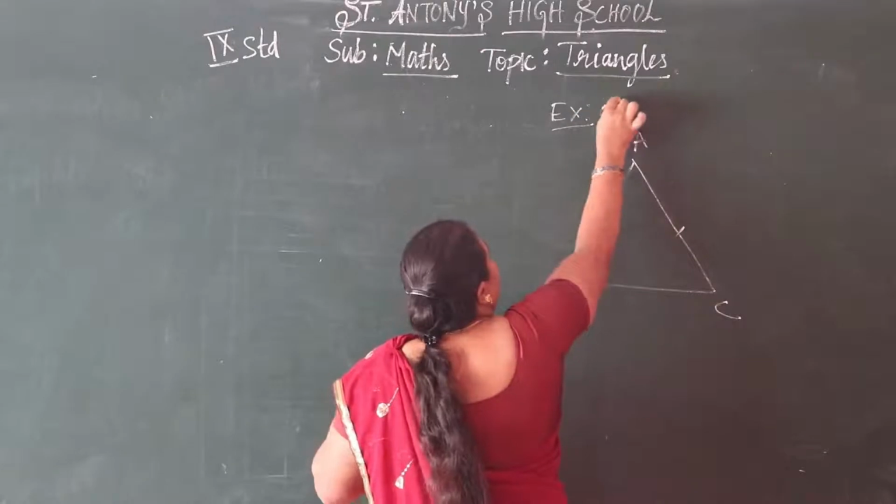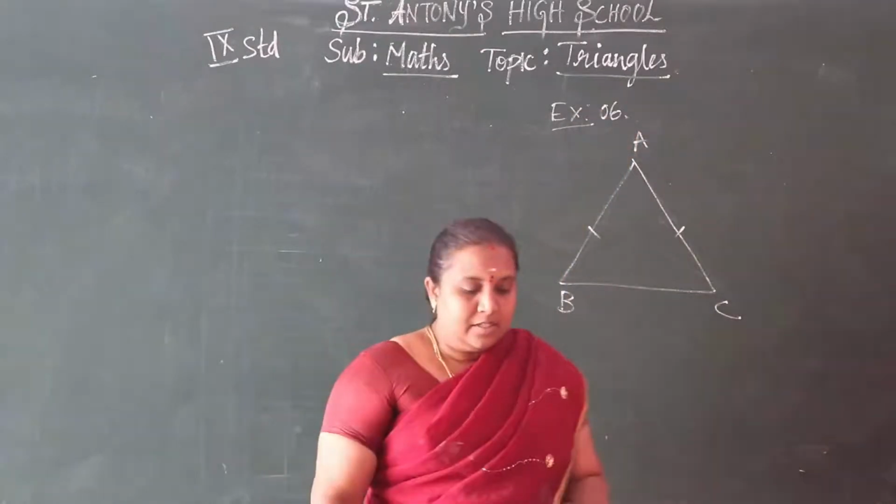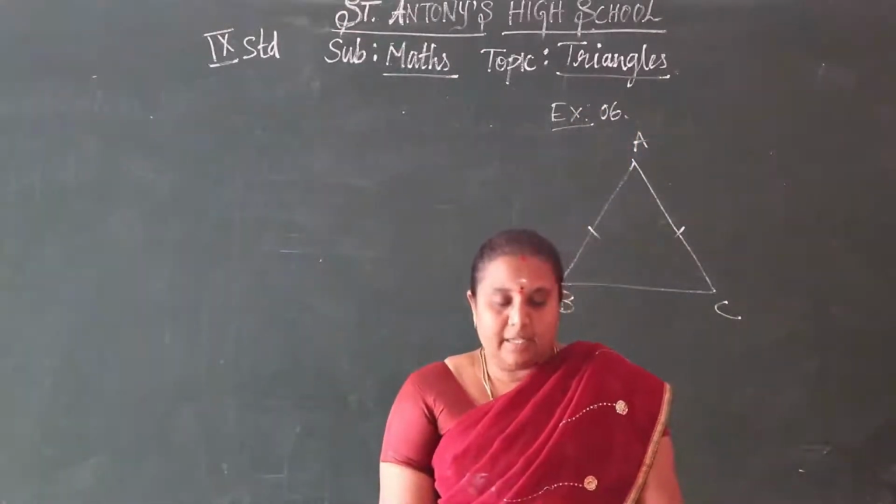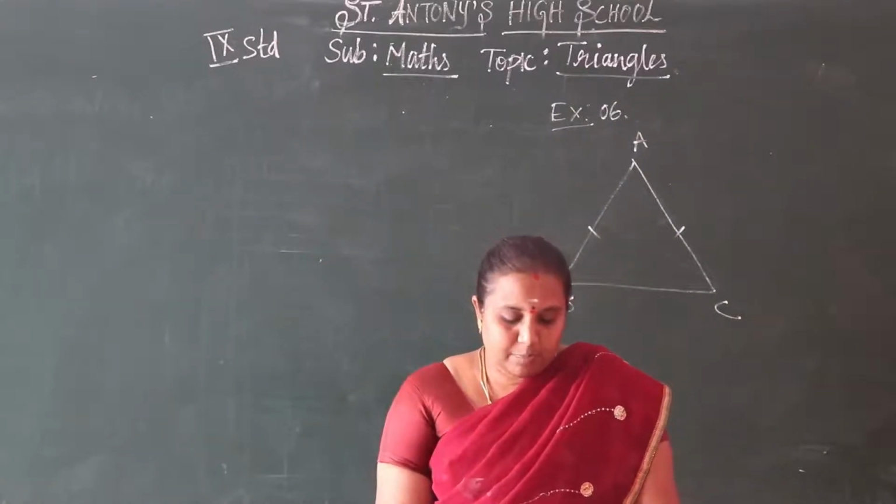Example 6. See here, AB equals AC, and D and E are midpoints of BC.